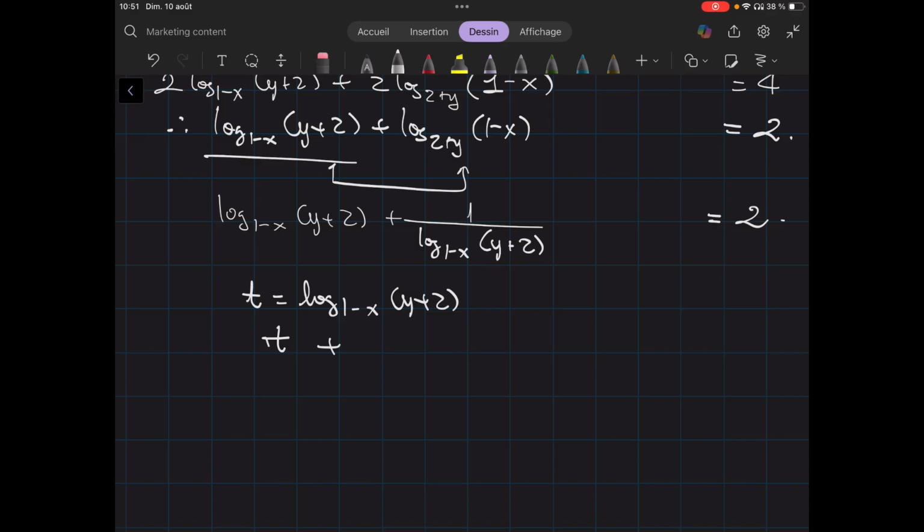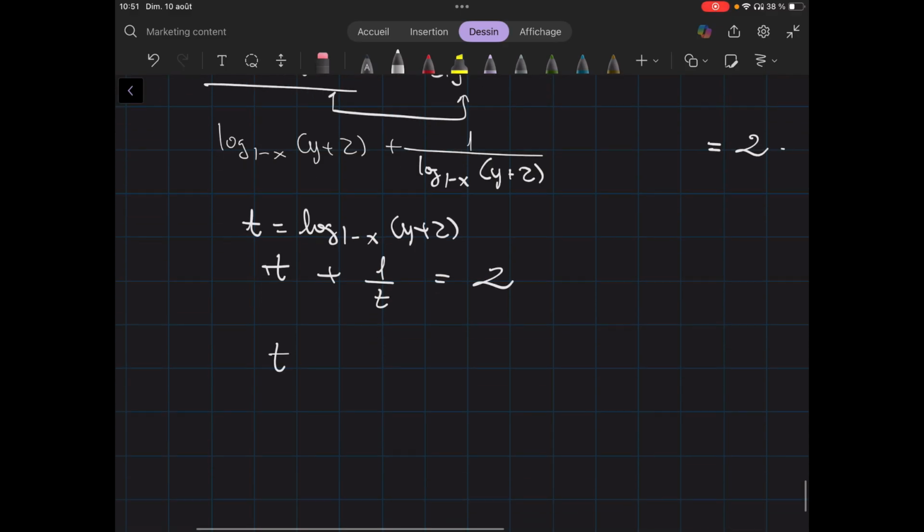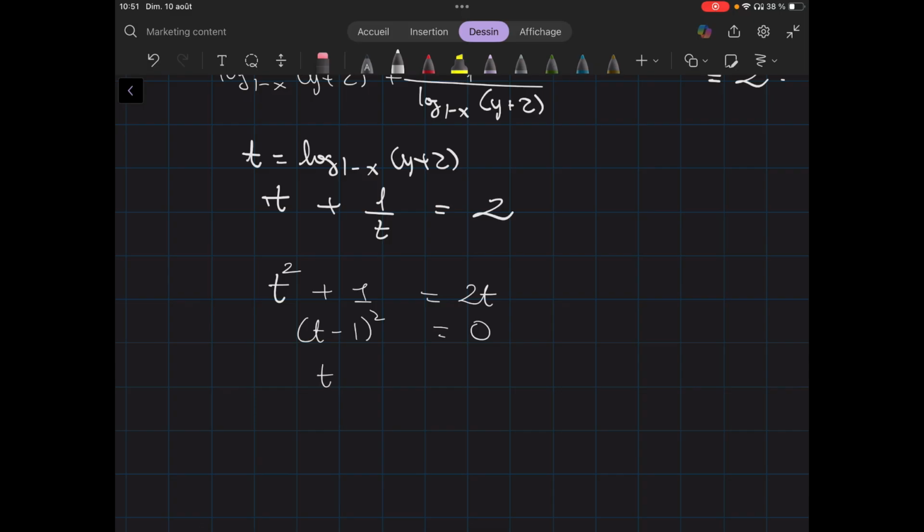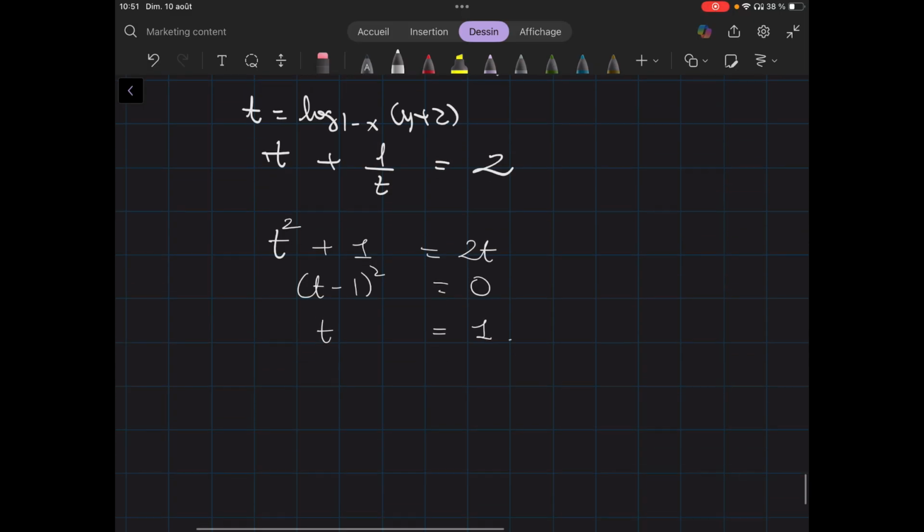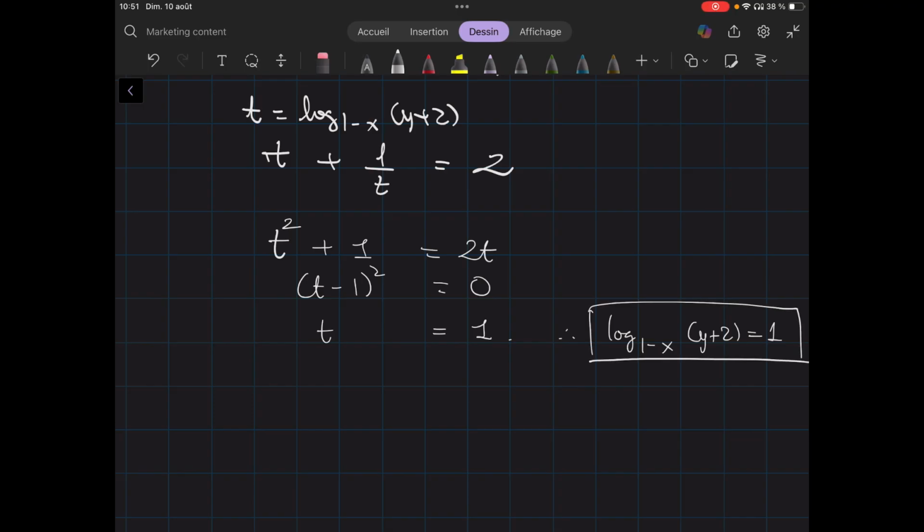So t plus 1 divided by t is equal to 2. T squared plus 1 is equal to 2t. T minus 1 squared is equal to 0. T is equal to 1. Therefore, log of 1 minus x times y plus 2 has to be equal to 1. So that is the end of part A.